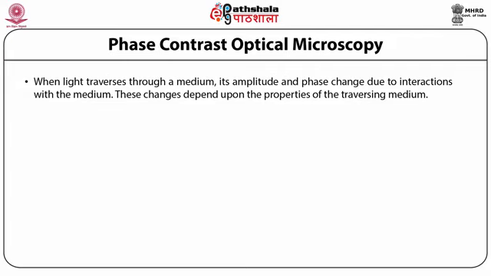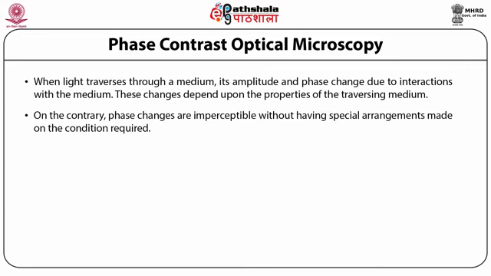Scattering and absorption of light results in change in amplitude, which depends on wavelength, and it gives rise to colors. On the contrary, phase changes are imperceptible without having spatial arrangements made on the condition required.